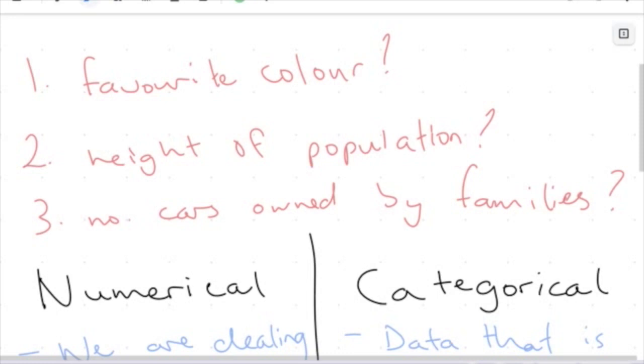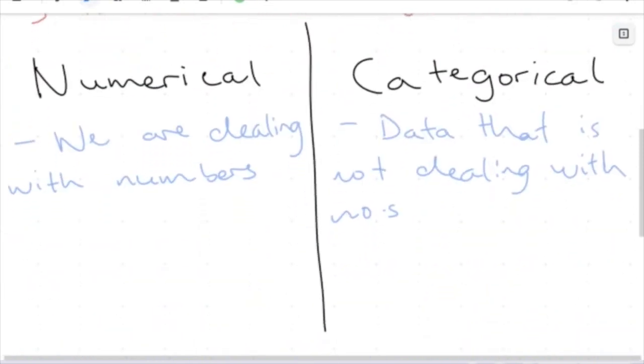So by establishing these definitions, I can already start pigeonholing these three examples I've given. So this favorite color, for example, would fall under the categorical type of data.